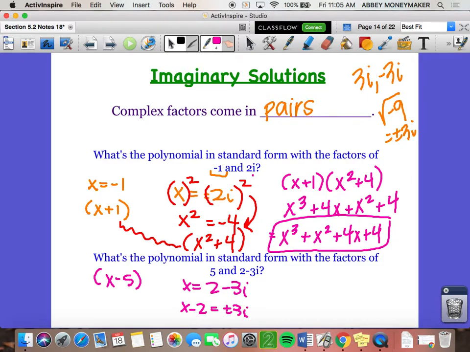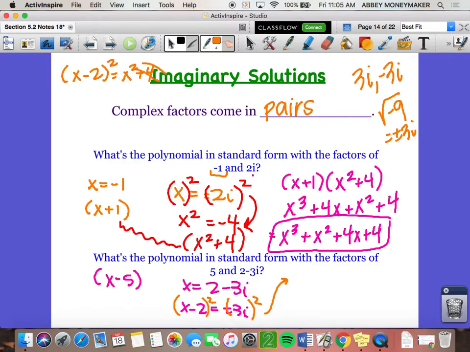Now, what can I do? Square both sides. So I get, oh, we need to talk about this. If I say x minus 2 quantity squared, so many of you are wanting to say that's x squared plus 4.